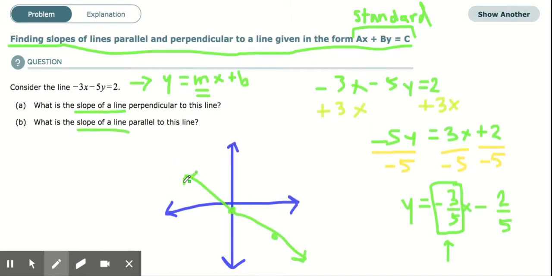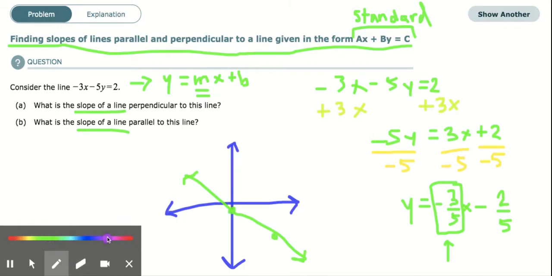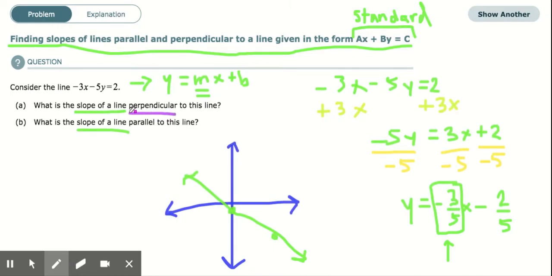Now we want to know what would the slope of a perpendicular line be and what would the slope of a parallel line be. Remember, perpendicular means that it intersects this line at a 90-degree angle, right? So if this slope was negative 3/5, this one is the opposite reciprocal.